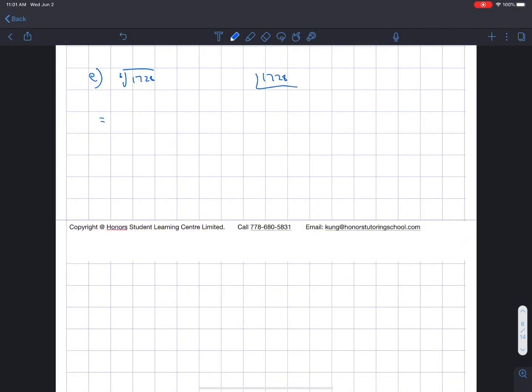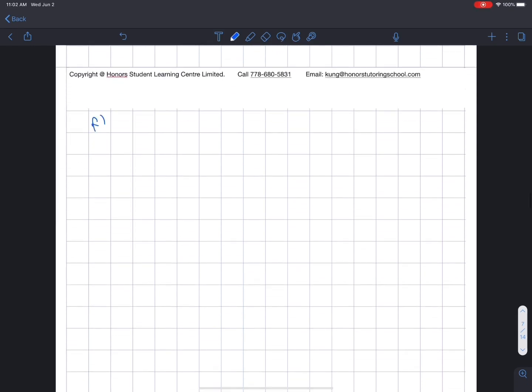I'll try to divide this by 8. It won't work. So I get cubic root of 8 times the cubic root of 216. The cubic root of 8 is 2, and the cubic root of 216 is 6. 2 times 6 is 12.